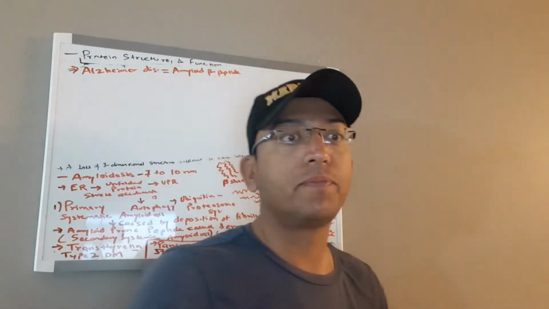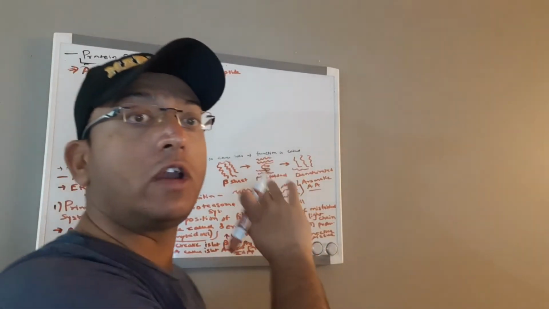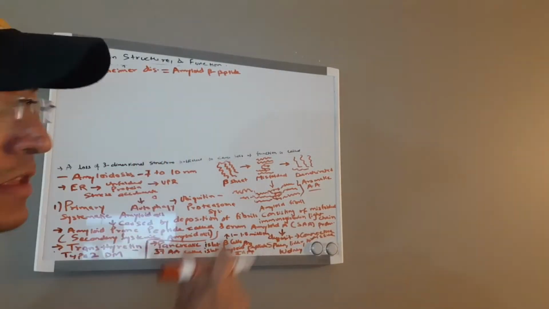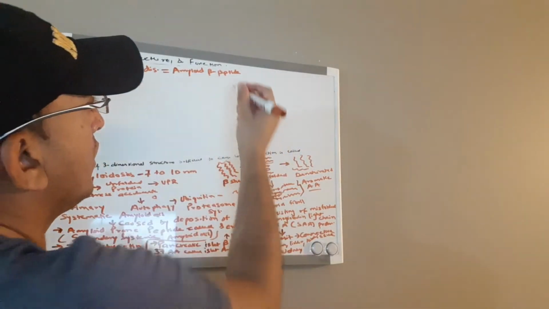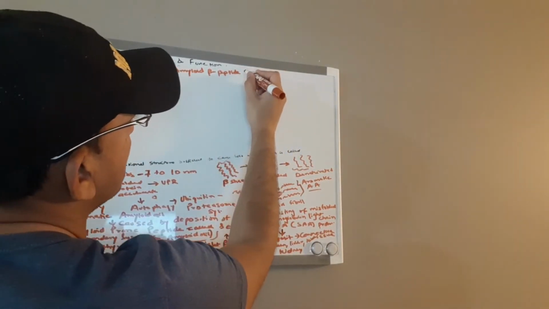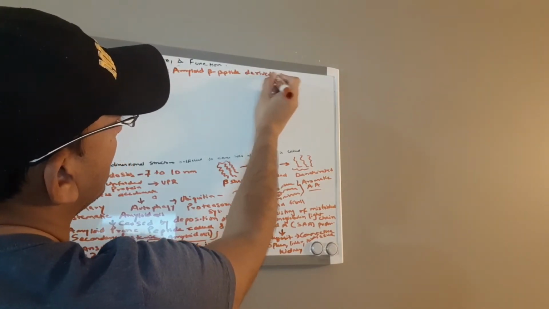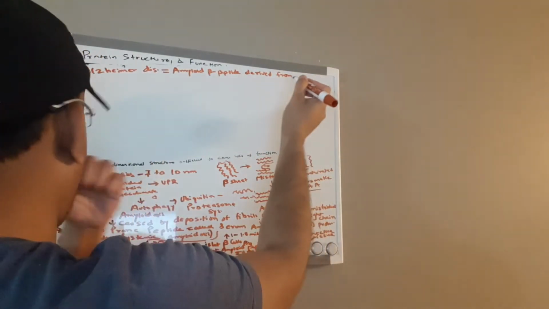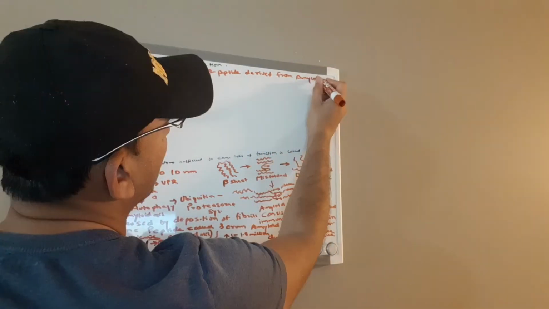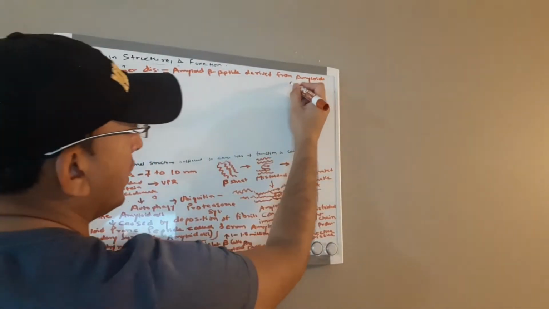This amyloid beta peptide is derived from a larger transmembrane protein, the amyloid beta precursor protein.